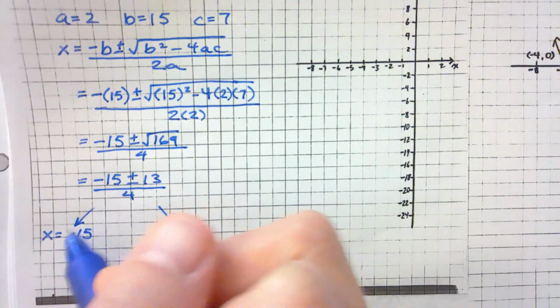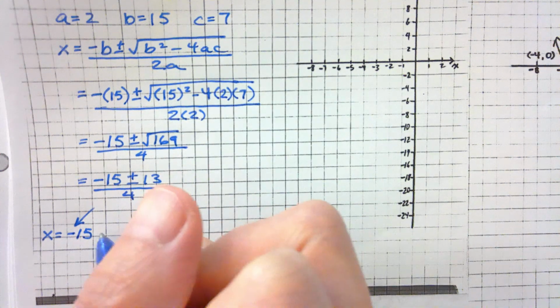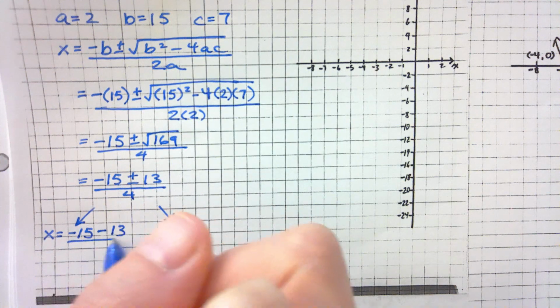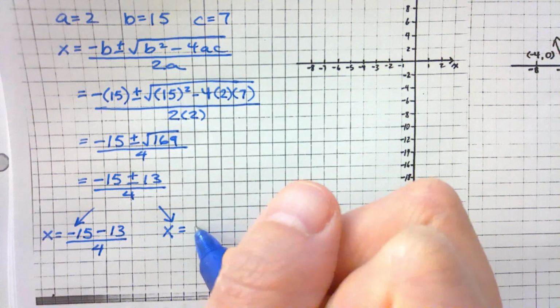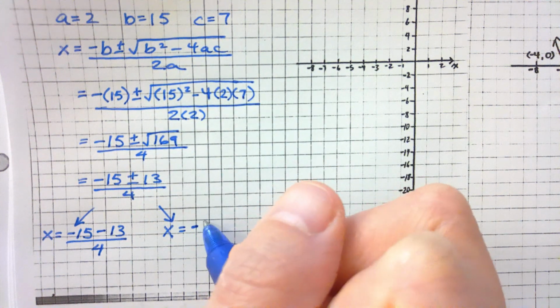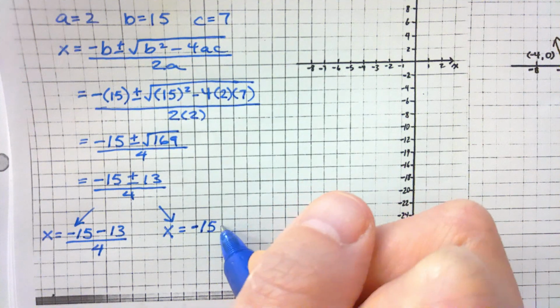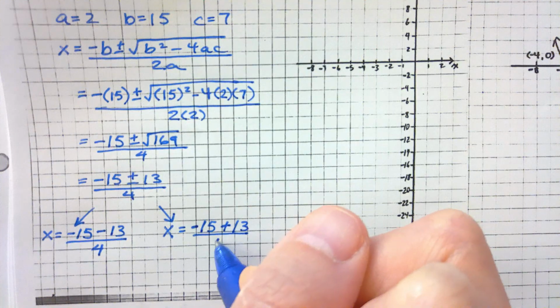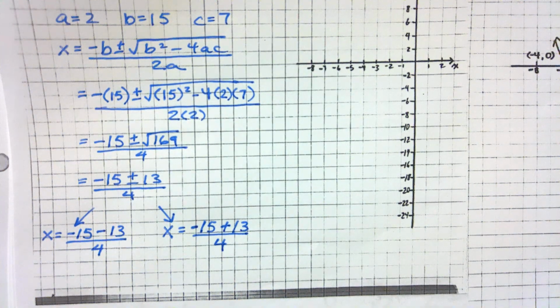My two answers? Negative 15 minus 13 over 4. And this side would be negative 15 plus 13 over 4. Good.